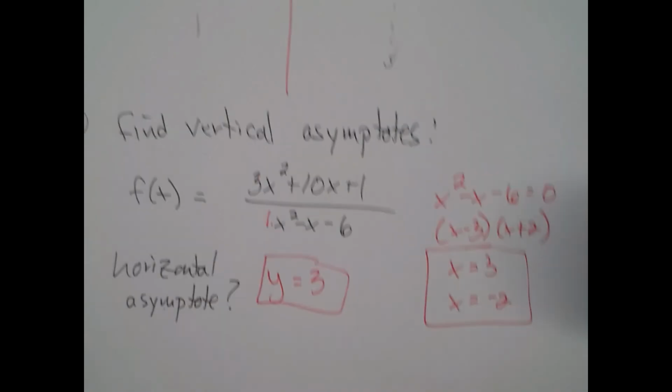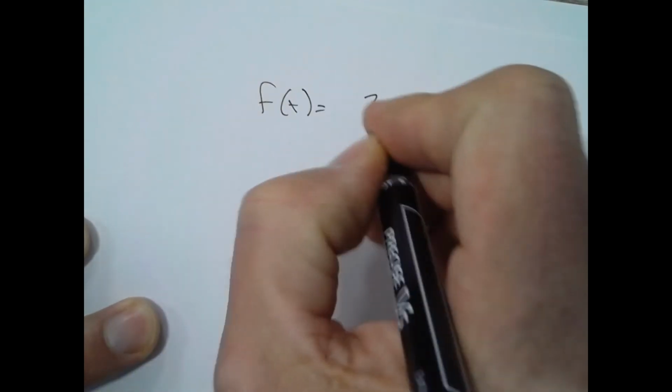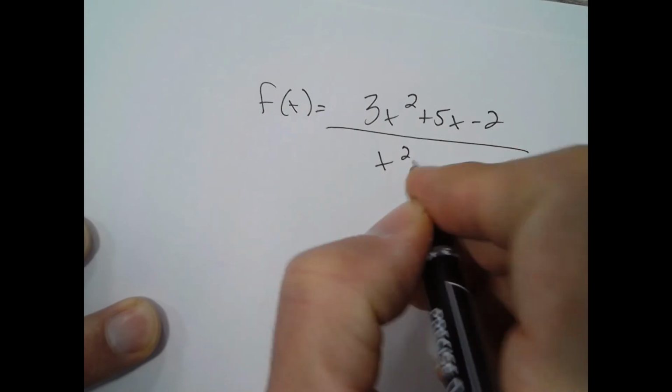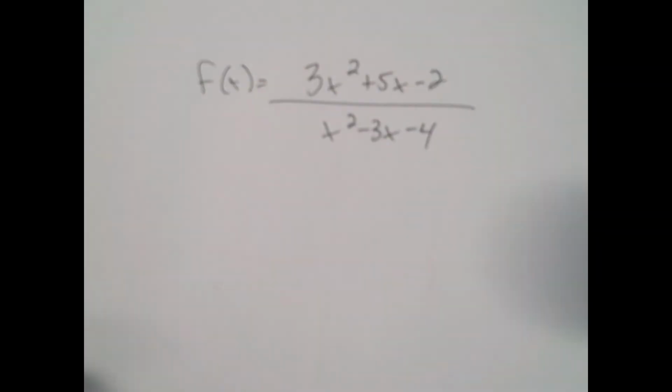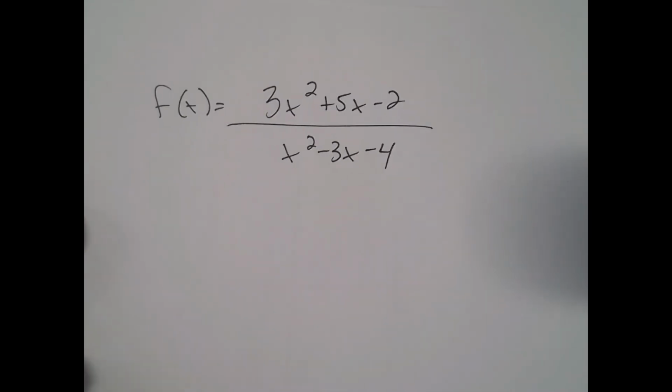Okay, another problem. Same question. Let's see if we can figure it out. It looks kind of similar to the other horizontal asymptote.